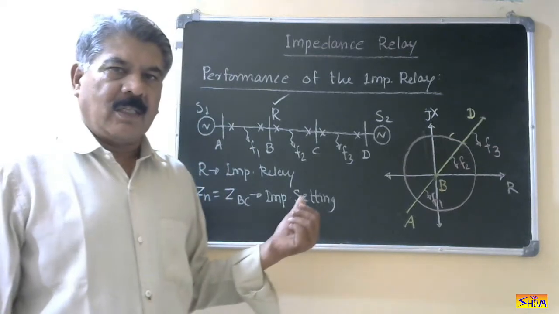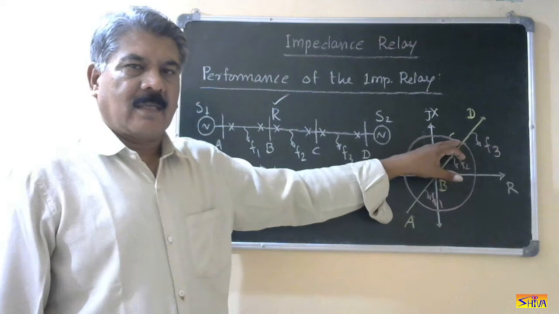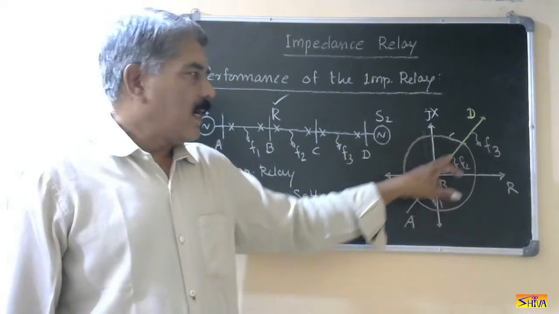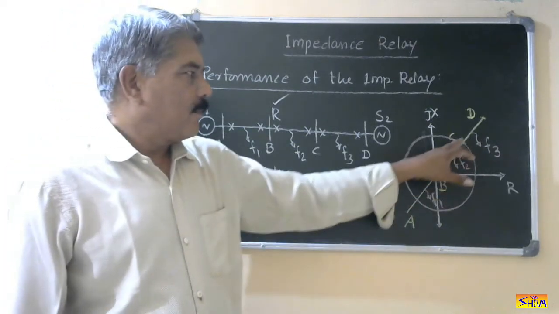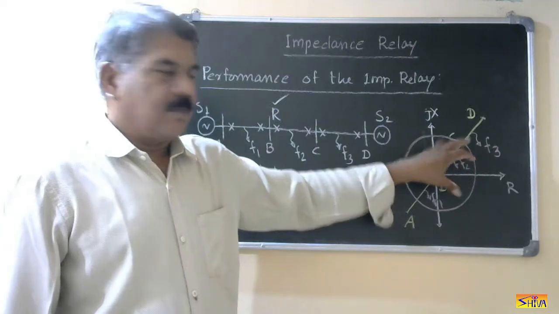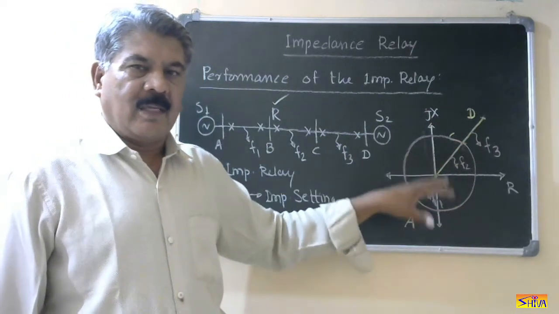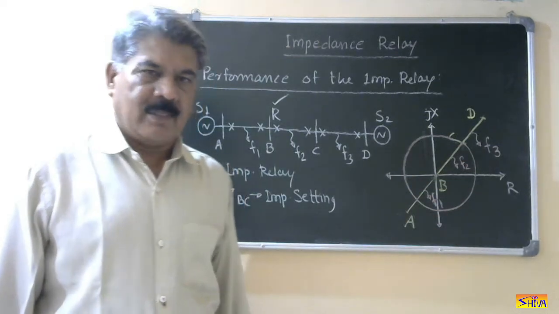Here we are using the impedance relay. The impedance relay has a characteristic circle with center at origin and radius equal to Zn. So the radius will be ZBC, and with this radius we draw a circle. This will be the characteristic of the impedance relay. This is used to protect line section BC.